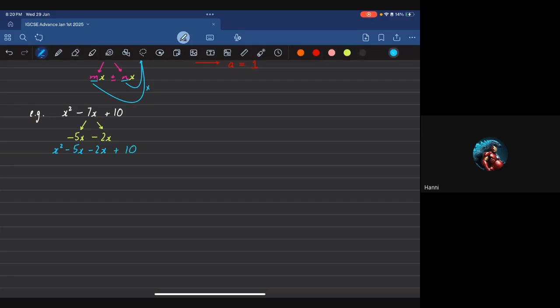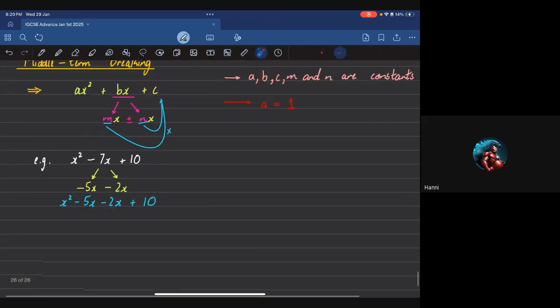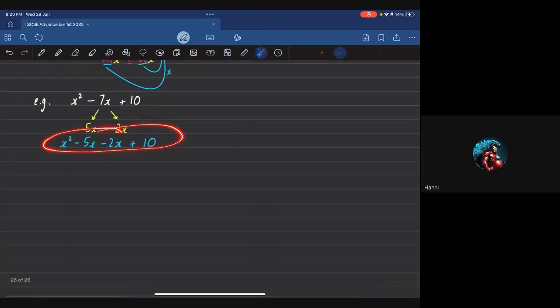Now it's become a bit easier because you can see some like terms forming and you can easily factorize them. I'm going to group the like terms, taking x common, so it's x minus 5 in the first bracket, minus 2.